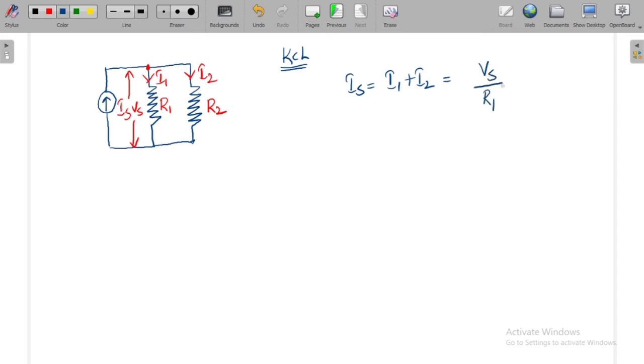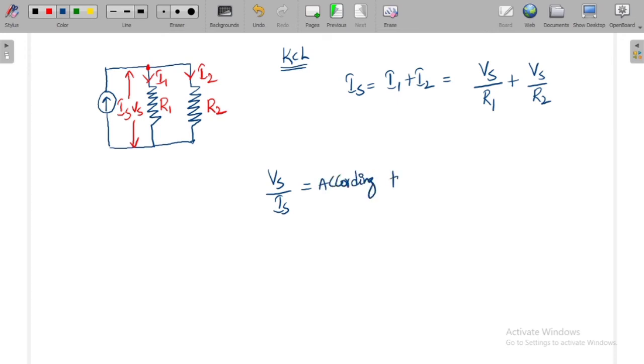According to KCL, the algebraic sum of entering currents equals the algebraic sum of leaving currents. So Is is equal to I1 plus I2, as the voltage across R1 and across R2 are both the same, equal to Vs. Hence the current I1 can be represented as Vs by R1 according to Ohm's law, and the current I2 as Vs by R2.